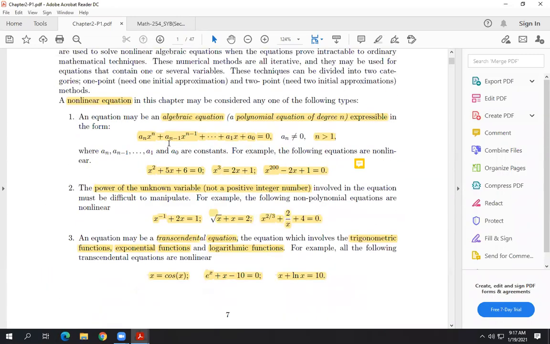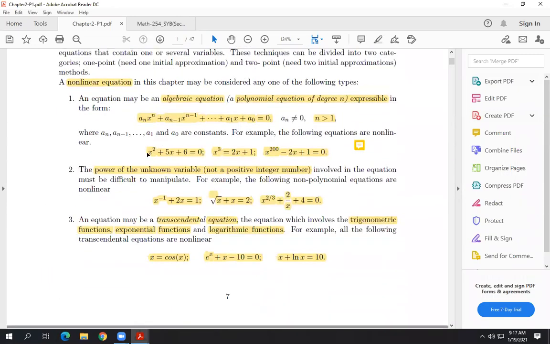For example, can any student give me an idea? This is a nonlinear equation. Yes, it is. What is the degree of this one? 2. And degree 2 gives you the idea that you must have 2 roots. How can we find the roots of this one? Any student, please?